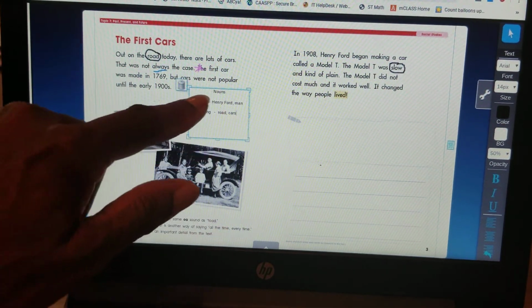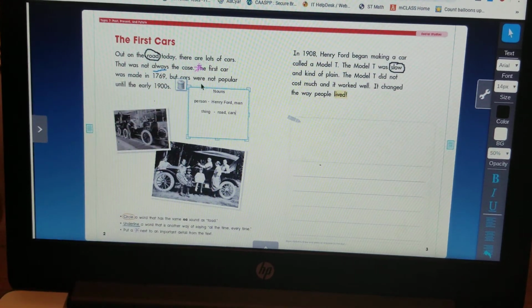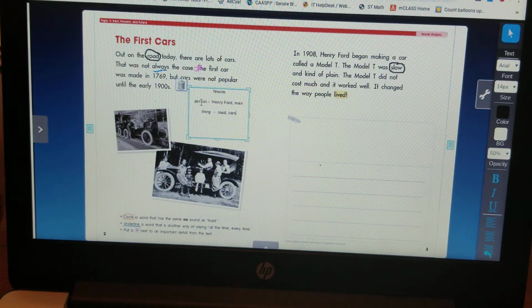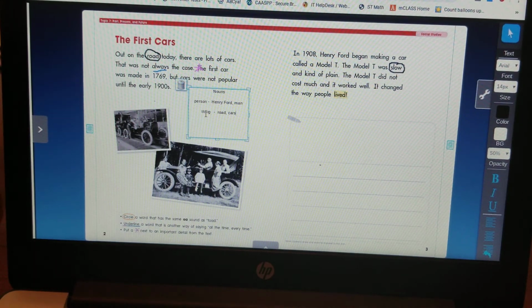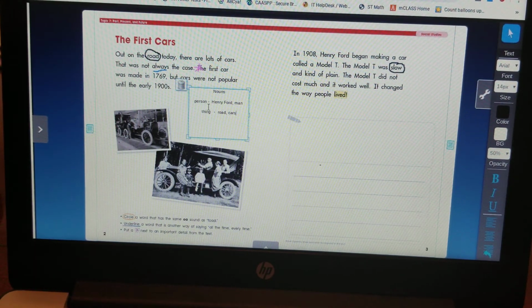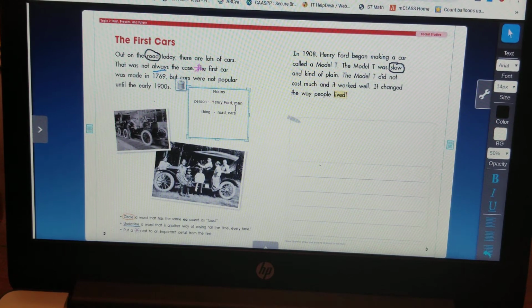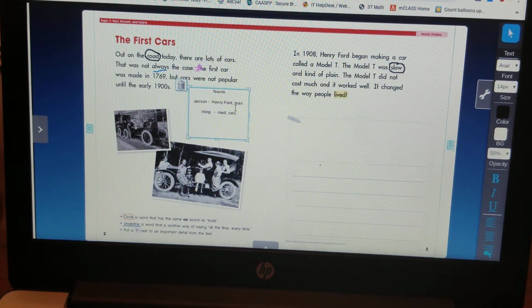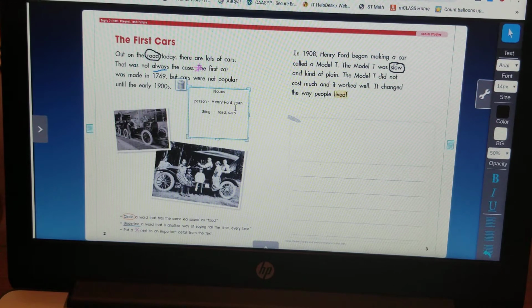Good job. So, nouns again can be a person, a place. We didn't do a place, but it can also be a thing. When we're writing sentences, boys and girls, we always have a noun in our sentence because we have to say who the sentence is about. Okay. Great work.